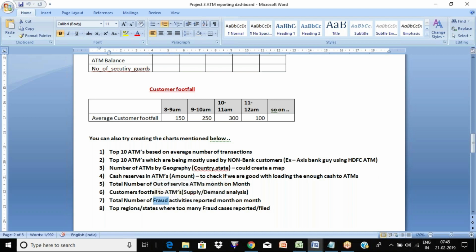For each and every transaction, there would be a flag whether that is a fraud or not, right? When you have that flag, you can pull the fraud data and do the frequency and find out by each month how many fraud activities. So for each and every question, think about the data preparation and the underlying SAS code you might write to get that data.